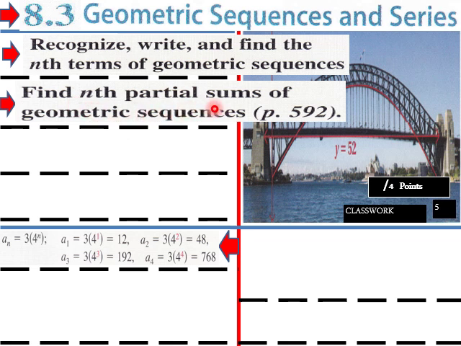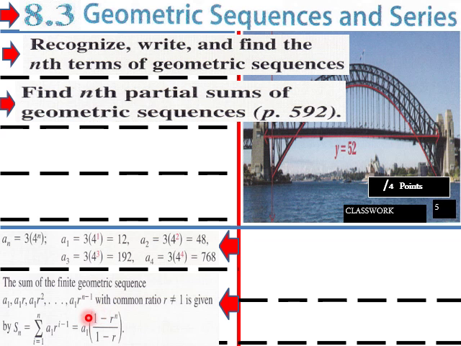Find the nth partial sums of geometric sequences. This is your formula here, a1 times r to the n minus 1, with your common ratio r not equal to 1, and this would be a way that you would find the sum of that, using a summation with upper limit of n and the initial index at 1.